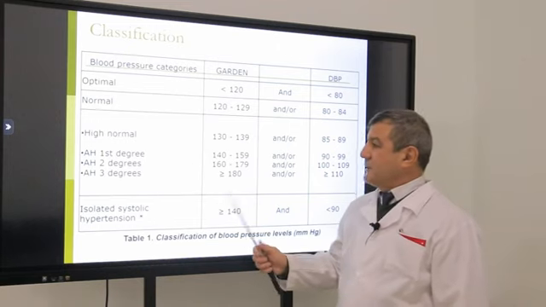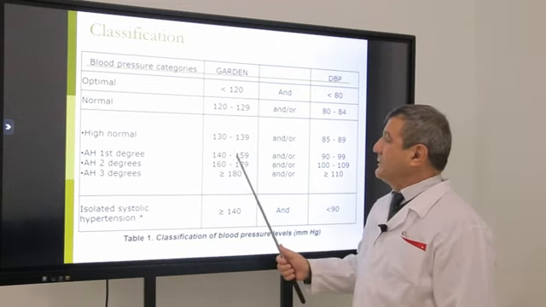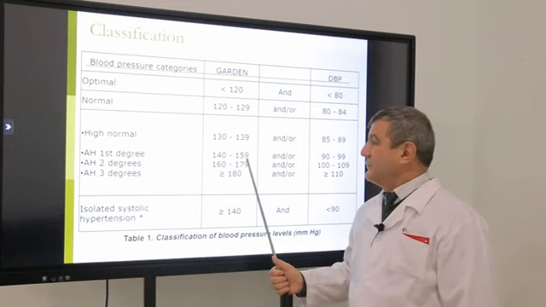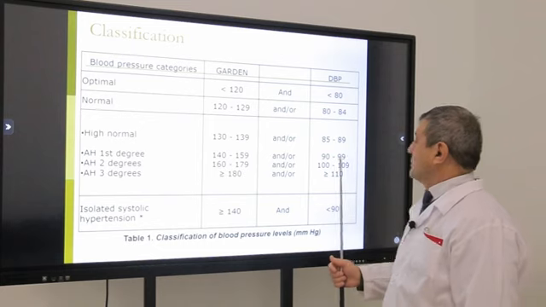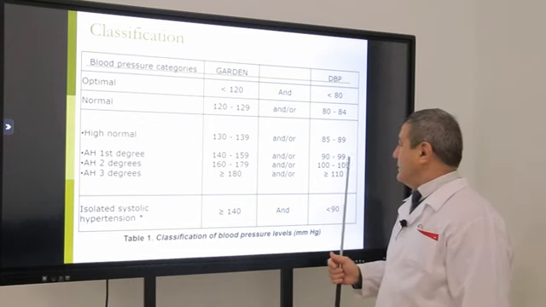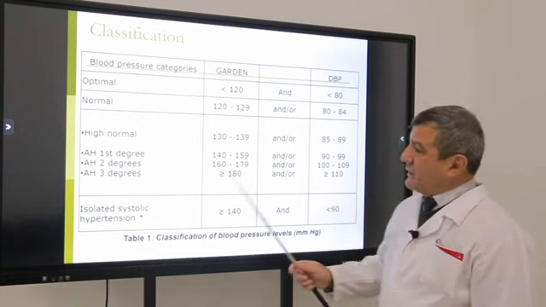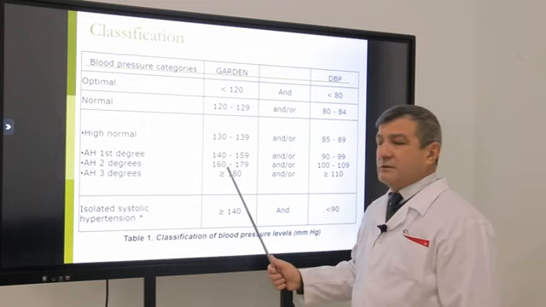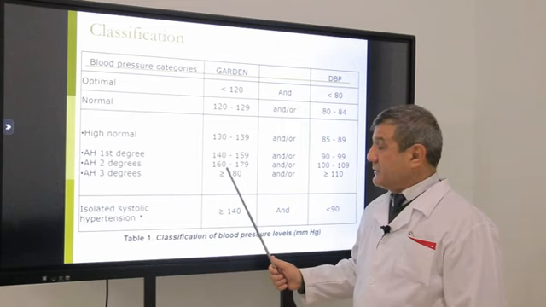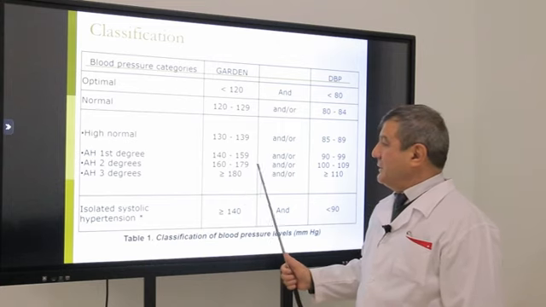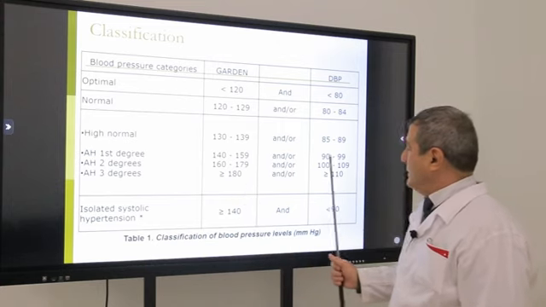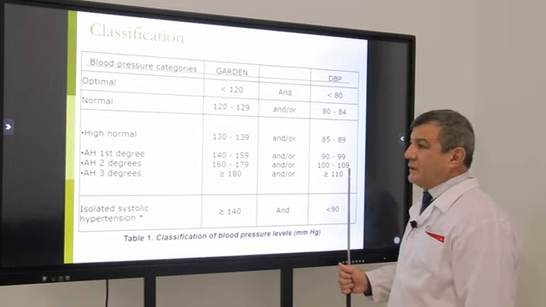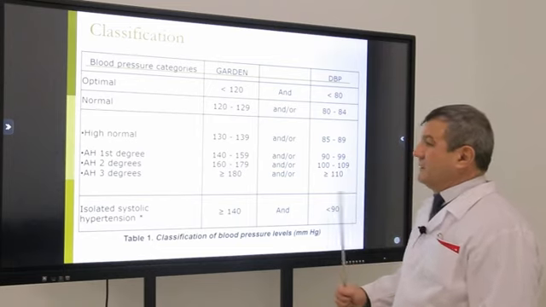First degree hypertension is when systolic blood pressure is 140 to 159 and diastolic 90 to 99. Second degree arterial hypertension is when systolic is 160 to 179 and diastolic 100 to 109.